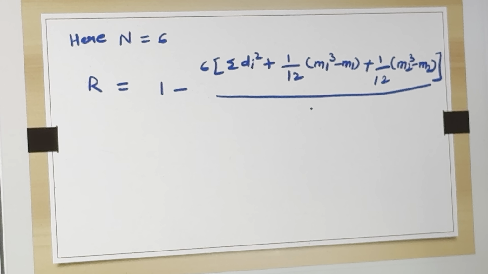Upon n cube minus n. You can write capital N or you can write small n. Okay. So it hardly matters. N is nothing but the total number of observations. So 1 minus 6 into what is summation di square? You got 13.50 as your value.